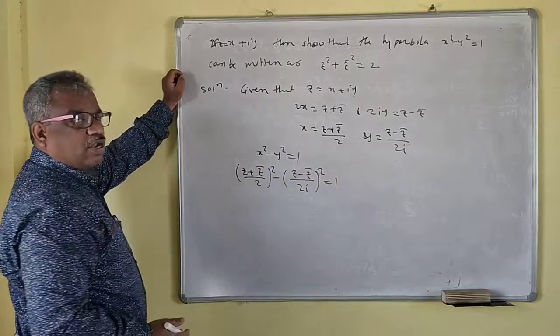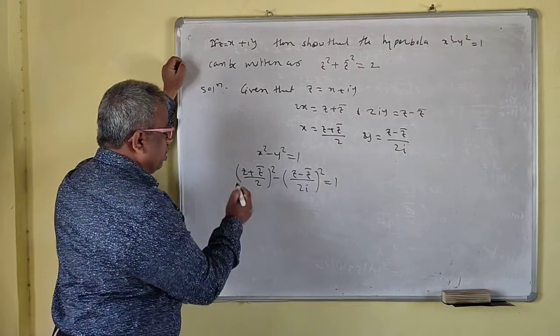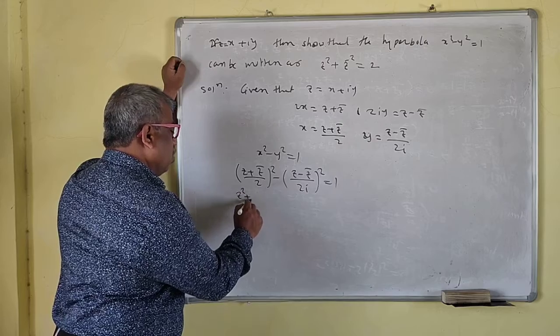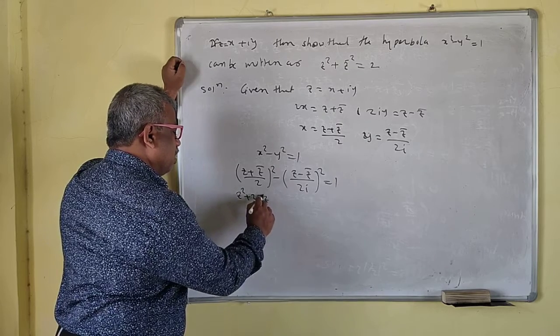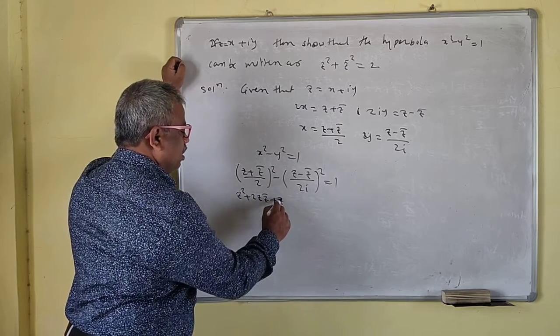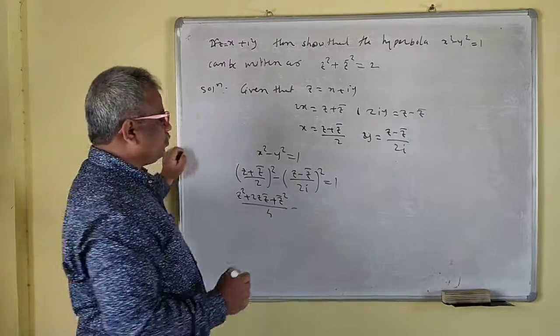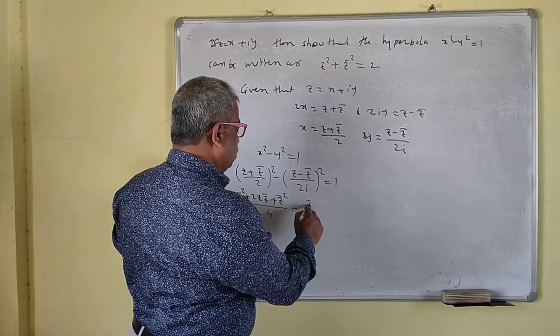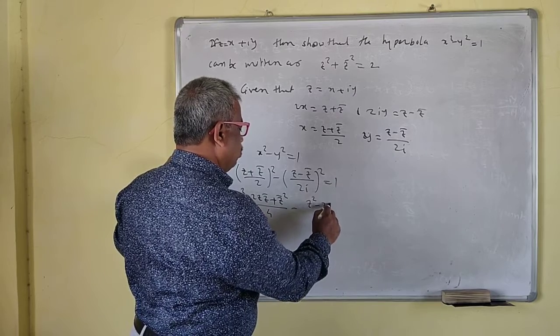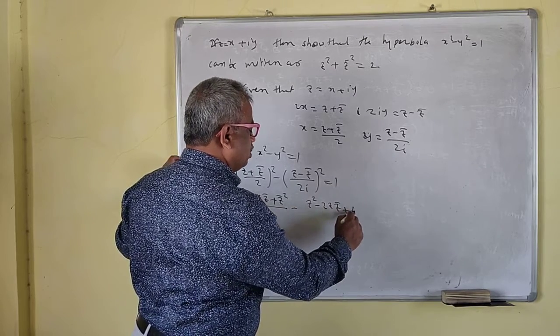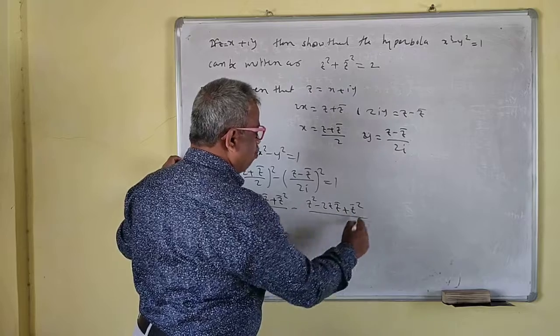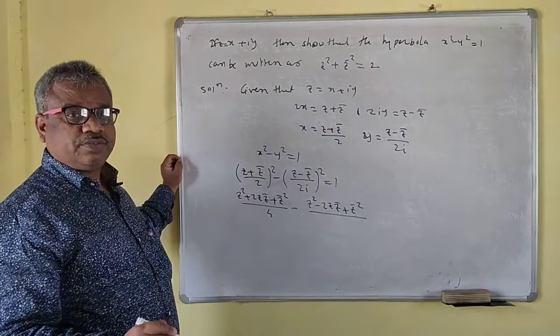We'll take the square of the numerator and the square of the denominator. So this is z square plus 2 times z z bar plus z bar square upon 4, minus z square minus 2 z z bar plus z bar square upon 4i square.